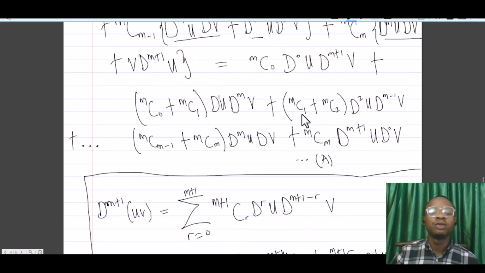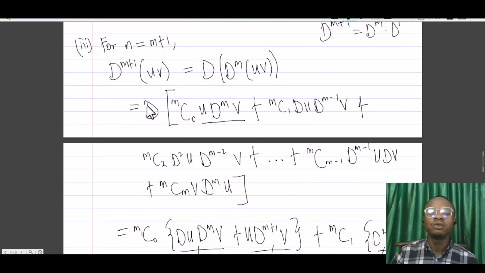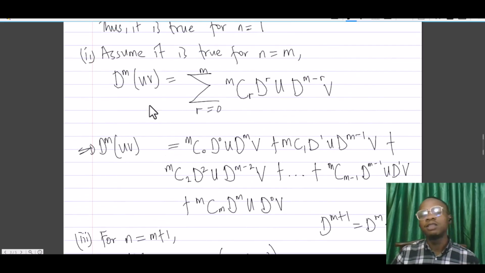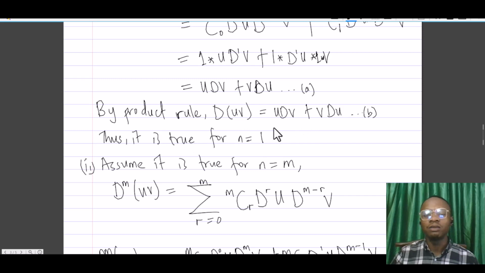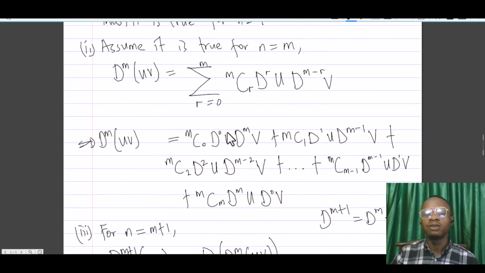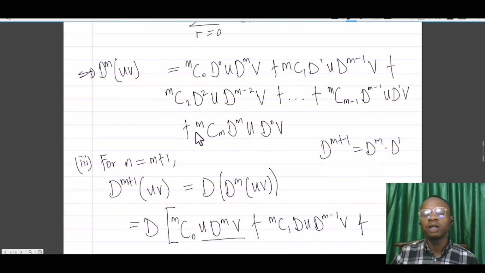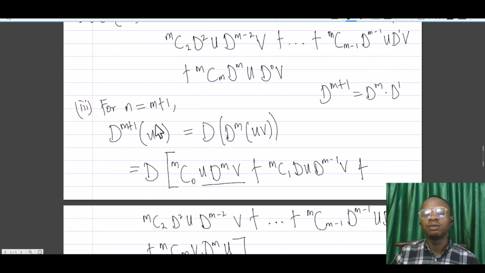So now we've concluded the last step required for the mathematical induction proof. We have been able to see that the statement is true for when n equal to 1. We've assumed it is true for n equal to m, and by the results for when it is true for n equal to m, we have now proceeded to see what will happen for when n equal to m plus 1.